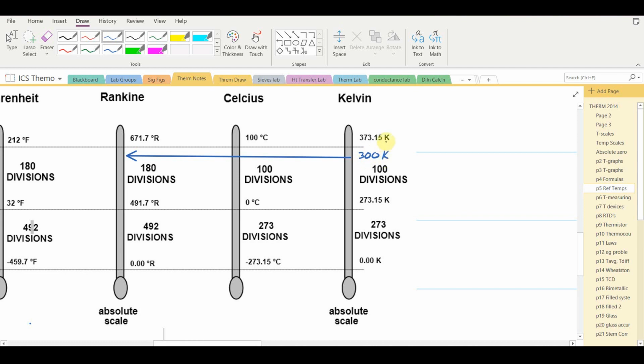We could use the boiling point, freezing point. I'm going to choose absolute zero because it's just so easy this way. The numbers are simple. So this is 300 Kelvin degrees greater than absolute zero. I want to know what that is above absolute zero on the Rankine scale.